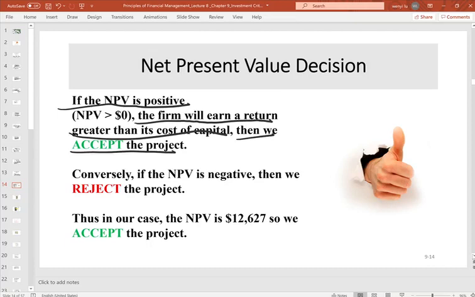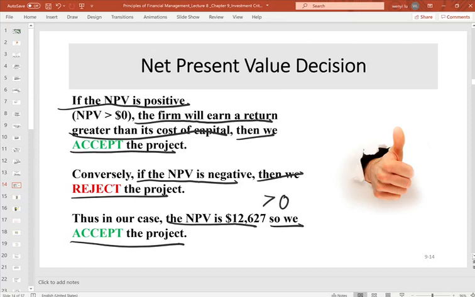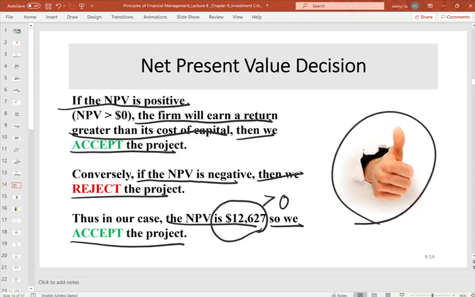In contrast, if the NPV is negative, we will reject this project. In our example we just finished, the NPV is more than 0, positive, so we will accept this project. It means the project can generate money for this company. Thumbs up for this project.